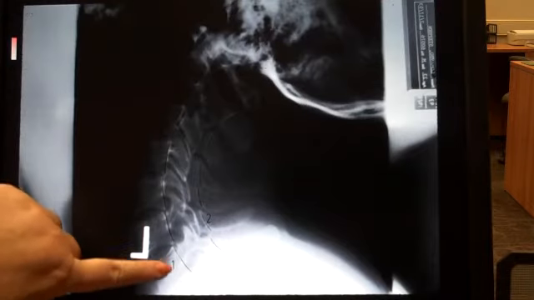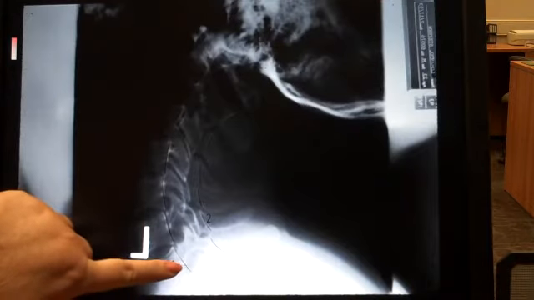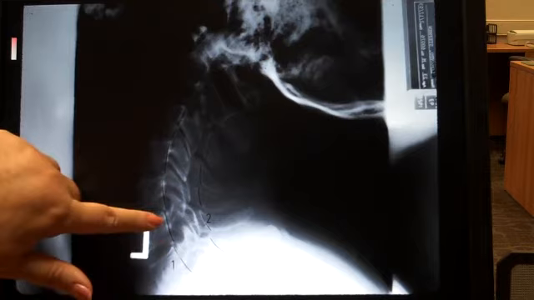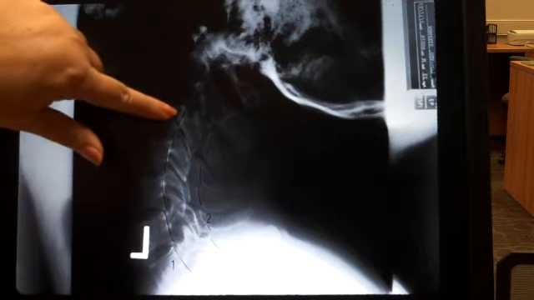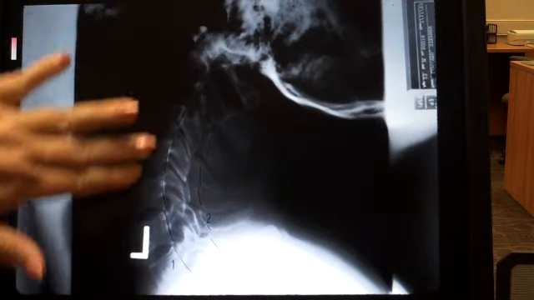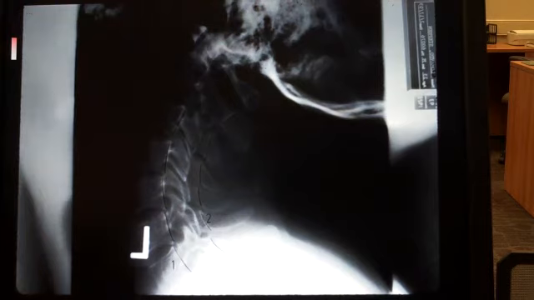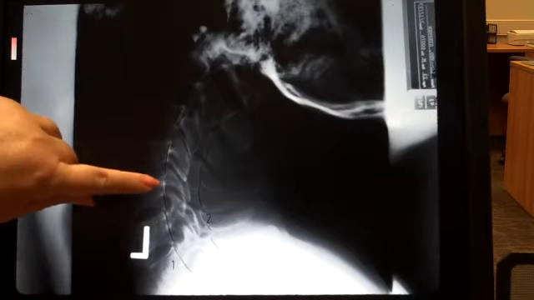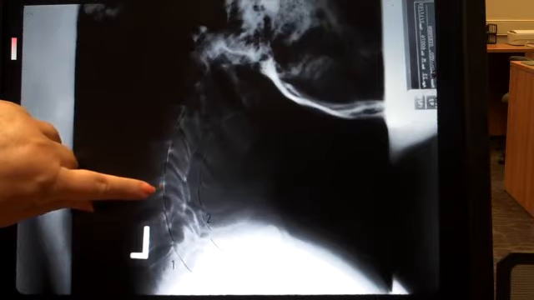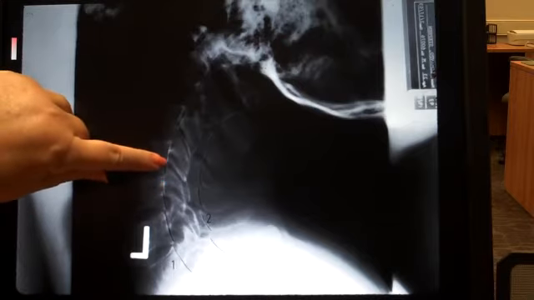The first would be George's line, and again that line is centrally located along the posterior aspect of the vertebral bodies. We're looking for a smooth, continuous line, no interruptions, no stair-stepping. Now on this particular film, if you look right here, you see that this segment is a little bit anterior to this segment.